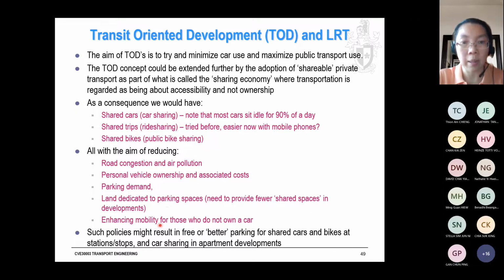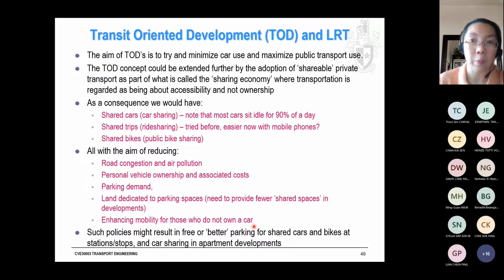And enhancing mobility for those who do not own a car. From the earlier talk that I attended just now on the Australian transport future, they said in a survey about 30% of people do not have ready access to a vehicle.